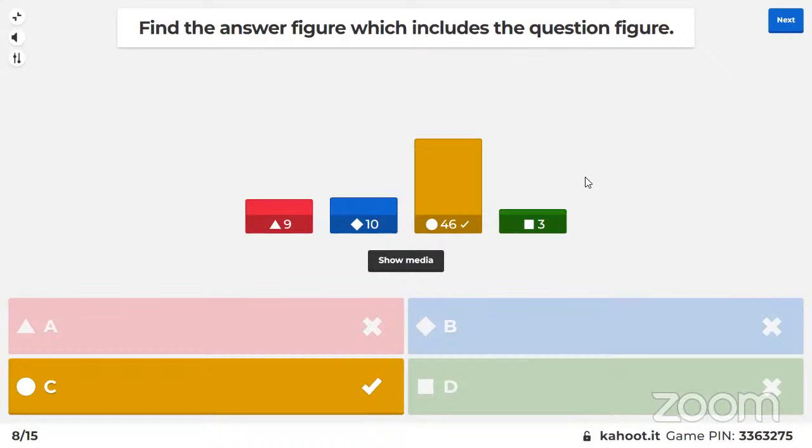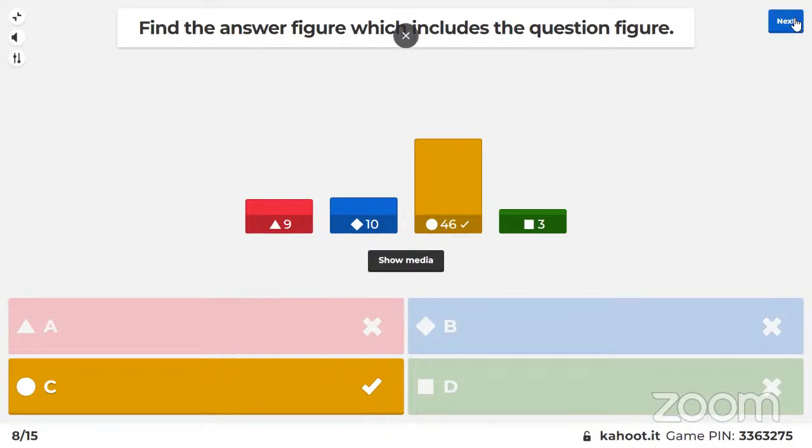The correct answer was option C. So 46 of you have answered it correctly. Again, an embedded image type question is always a question which can be asked in the JEE Paper 2 examination.